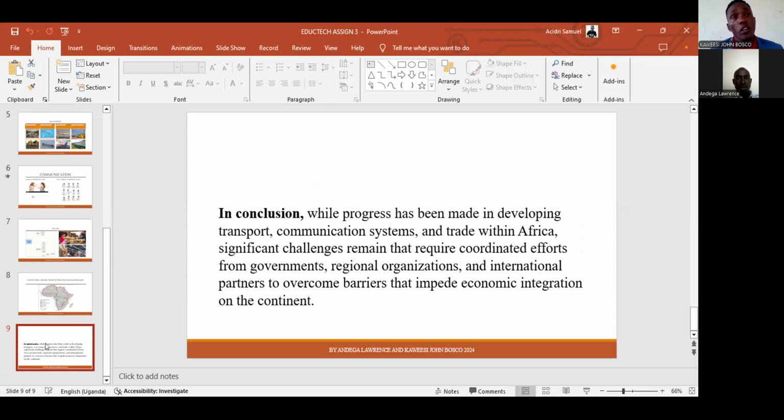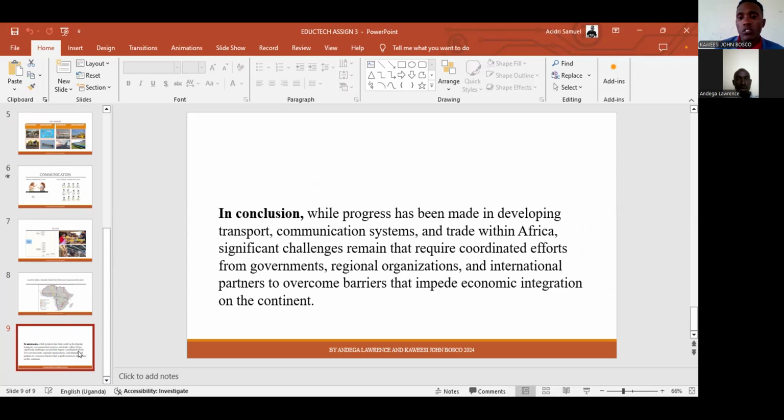You can talk about ECOWAS, the Economic Community of West African States. Those are organizations that take up issues about West African countries, for example, Mali, Nigeria, Ghana, Burkina Faso.